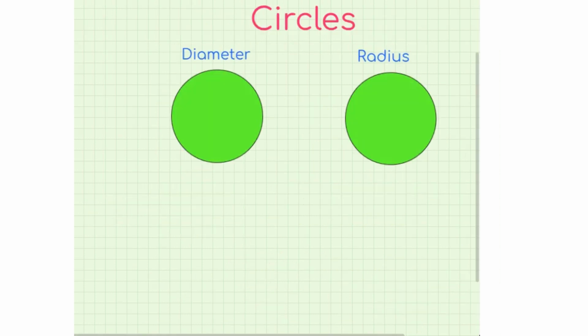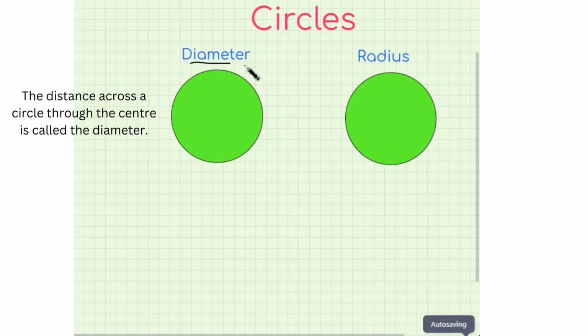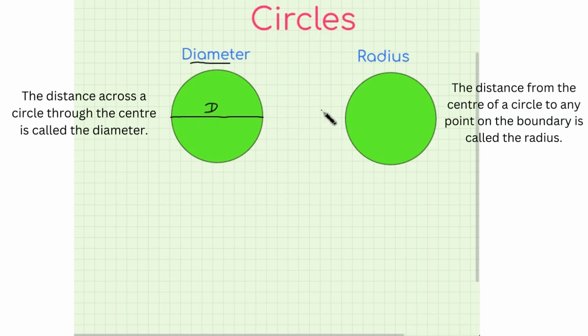Okay, circles. I think most of you find it a little difficult when it comes to circles, so let's go through a little introduction on circles first, right? Now, do you know what diameter is? Diameter is like if you draw a line all across the circle, this whole length is called the diameter.